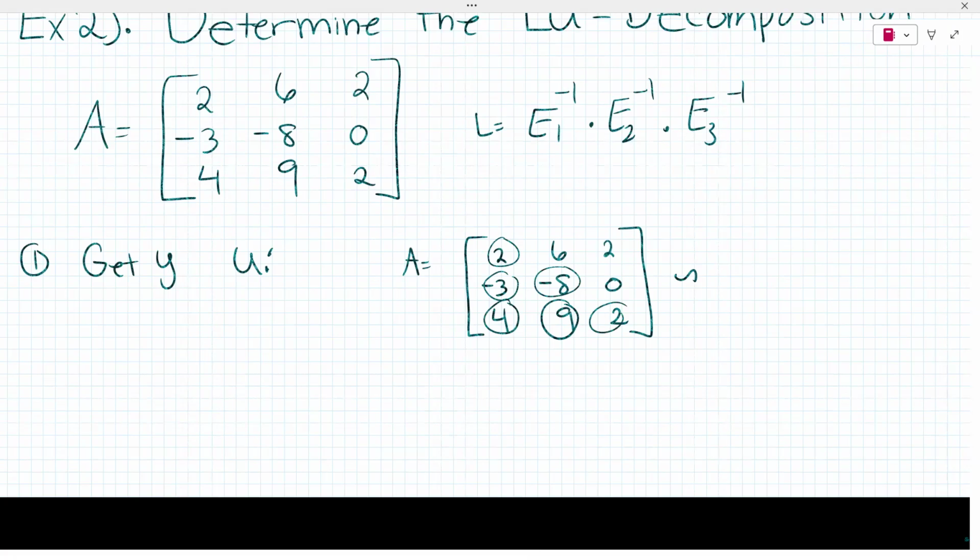So let's do the commands. So command 1. So keep control of your command. If I want to make the 2 into a 1, maybe I should multiply 1/2 row 1 by row 1. And if you do that, this is what you're going to get: 1, 3, 1, -3, -8, 0, 4, 9, 2.